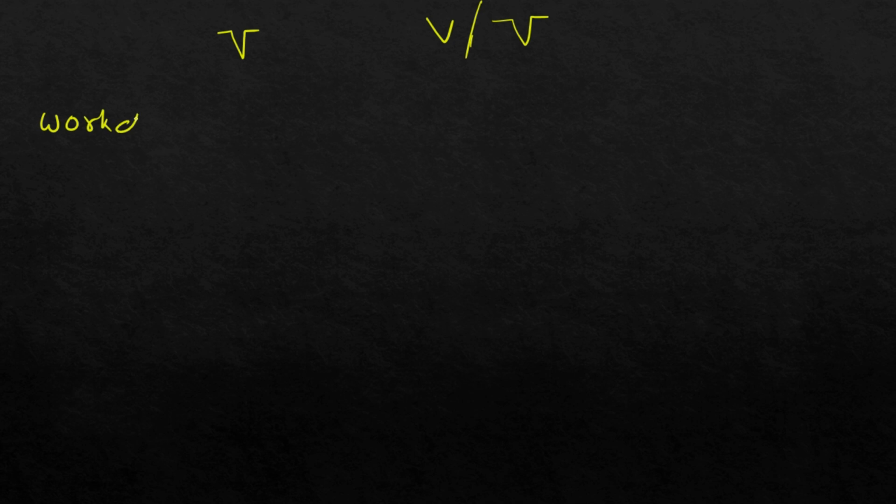E is the charge of electron, V is the potential difference. Charge of electron is 1.6 into 10 power minus 19 coulombs.